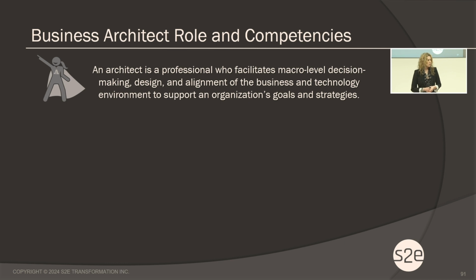Of course, there's a lot wrapped into that, but that's really what we're doing as our organization changes: realigning the business and technology environment to achieve that, and making sure that we can deliver on the value proposition to the people that we're serving.